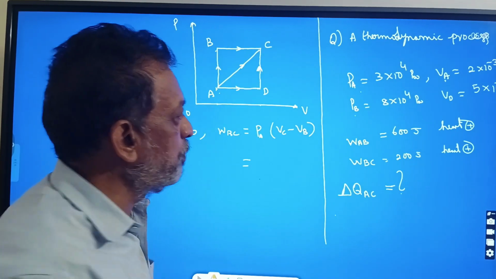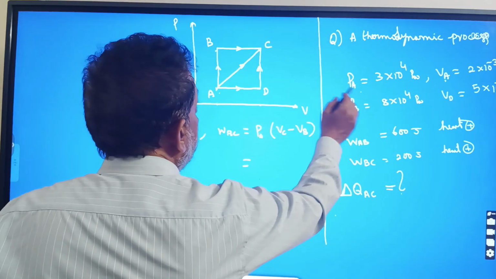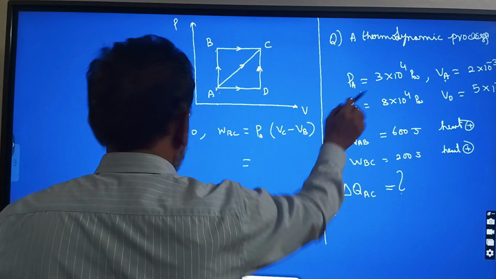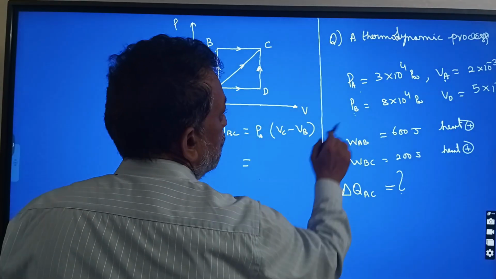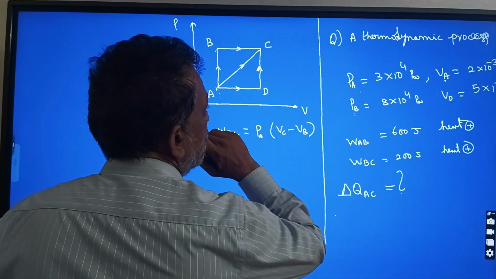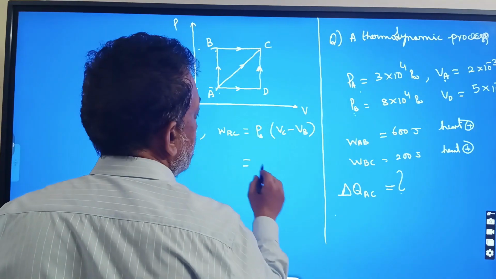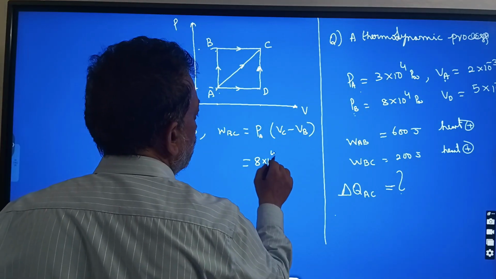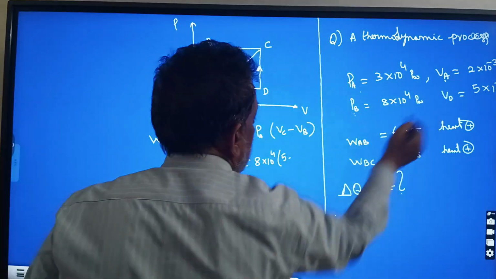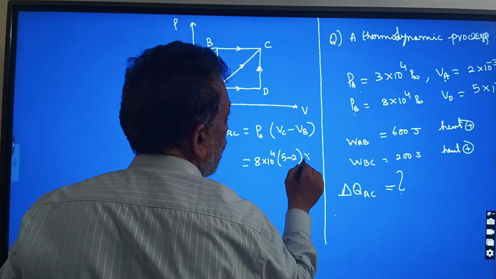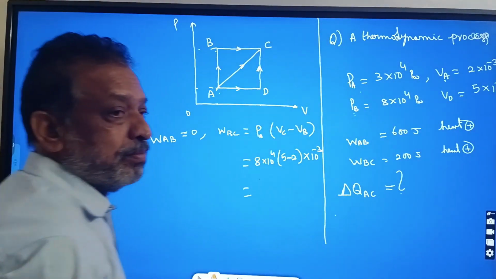Now substitute the values: PB is 8 into 10 to the power of 4, into 5 minus 2 into 10 to the power of minus 3. Simplify, how much do you get? The work done BC.